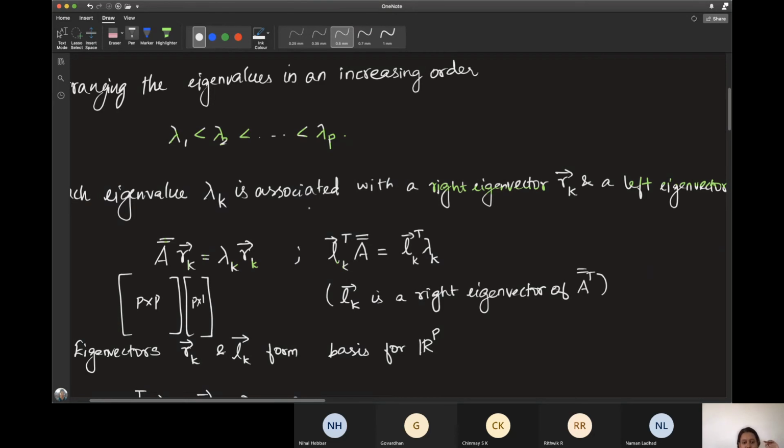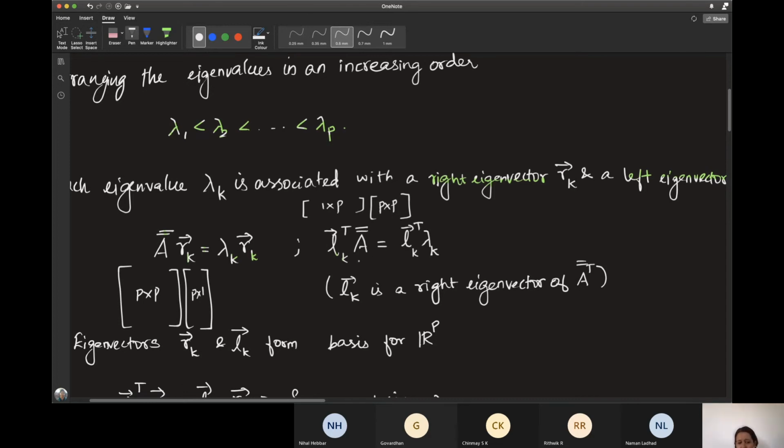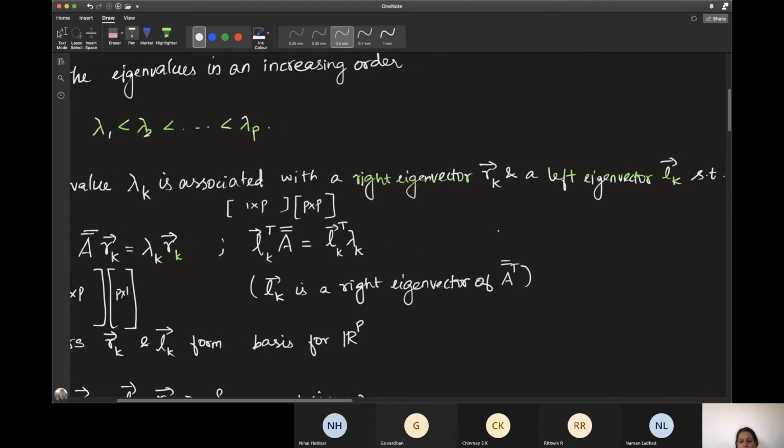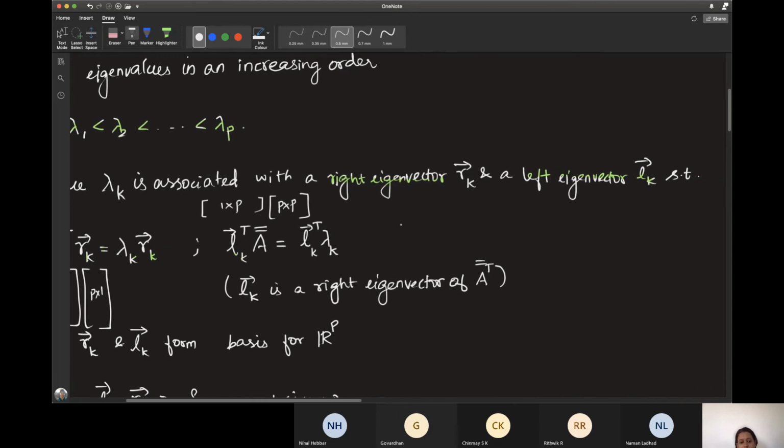Here this is going to be 1 cross p and p cross p. This way the Lk vector is the left eigenvector of the matrix A.